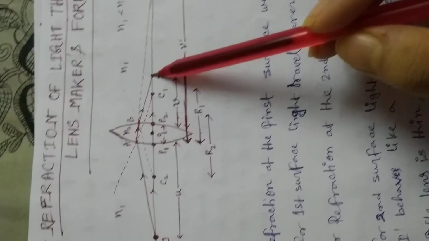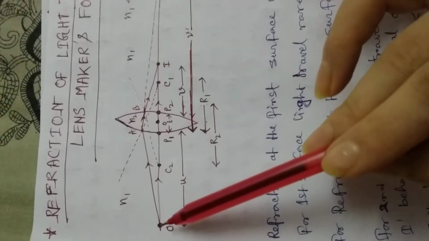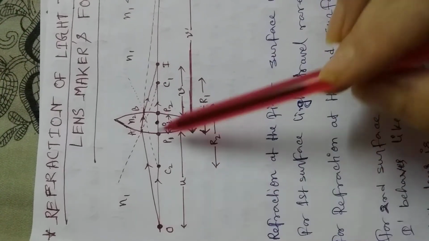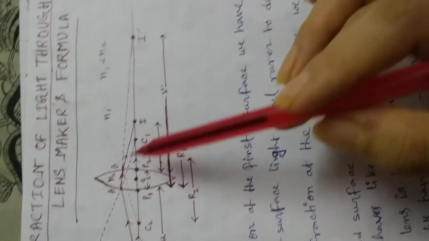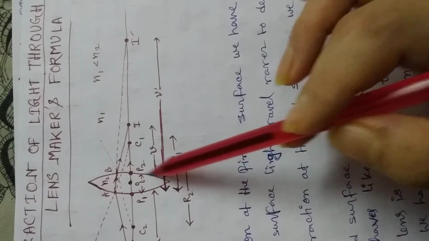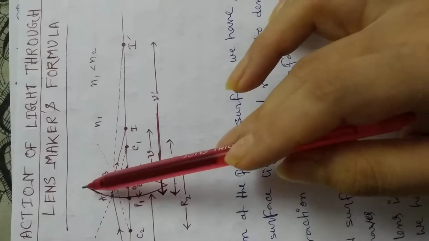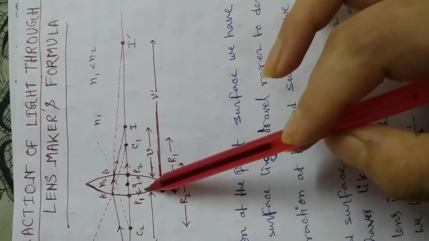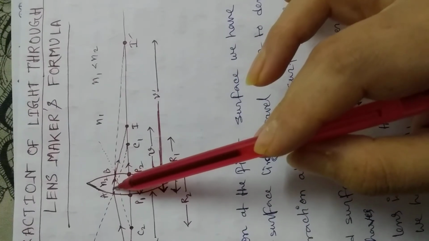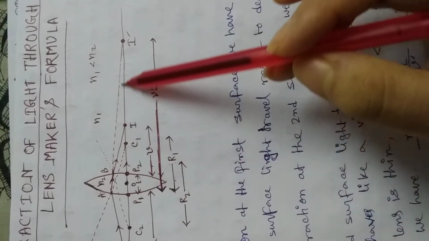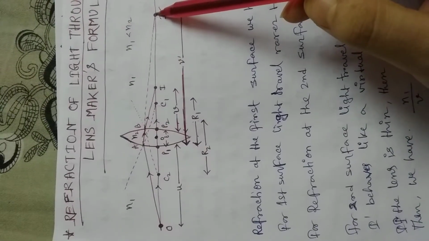So I point is the image of O, right? But if this surface does not exist here, and only this surface exists, then the ray should meet at the I dashed point, right?